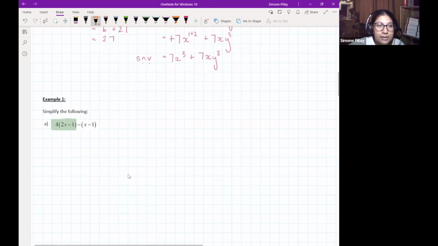And then what happens is with my distributive property, what I said is when I see that I have brackets and then I have a number outside the brackets, what I have to do is go and take my number outside the brackets and multiply it to the terms inside my brackets.